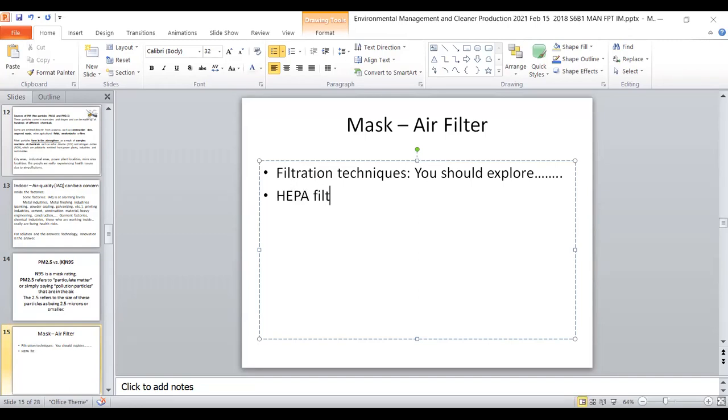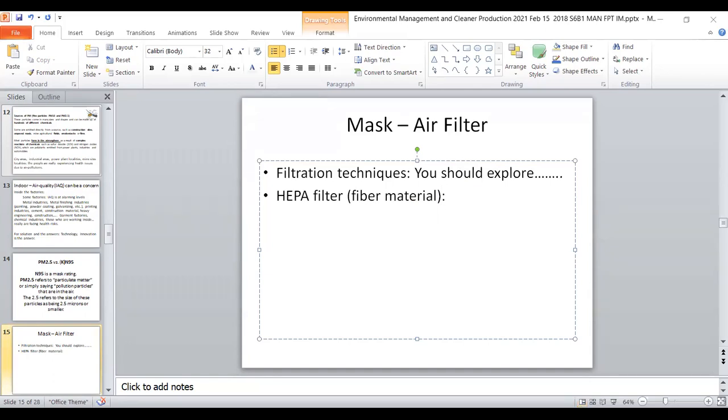HEPA filter. There can be fiber fabrics, different fiber materials, which are safe for health. You can explore this.